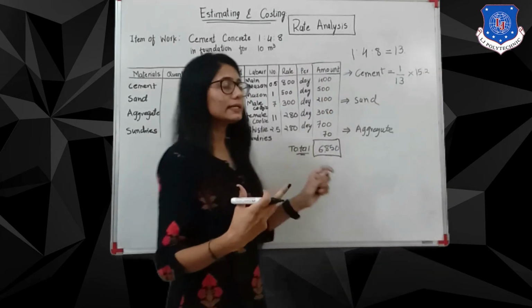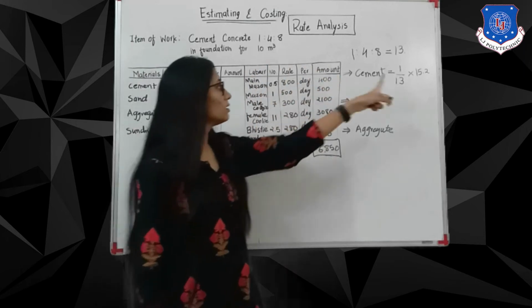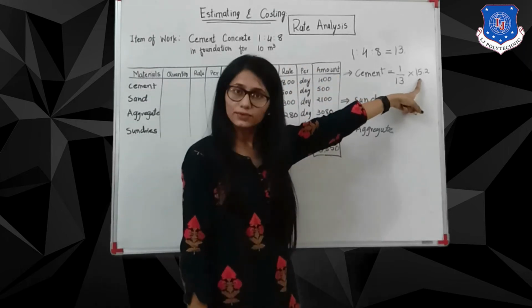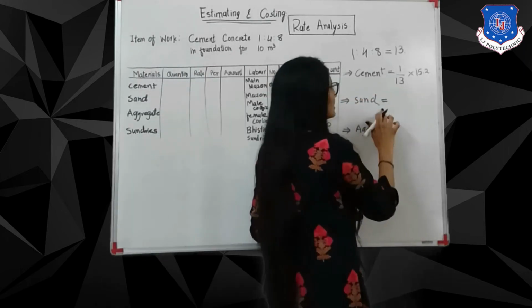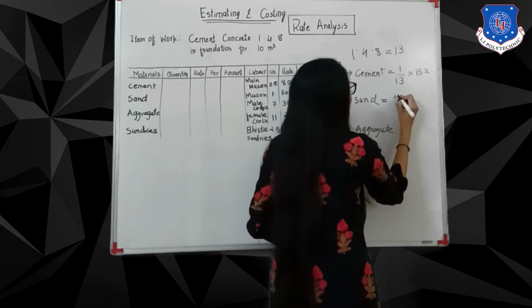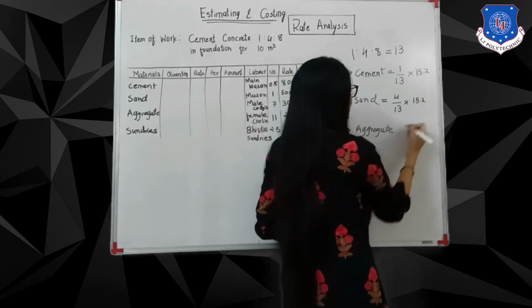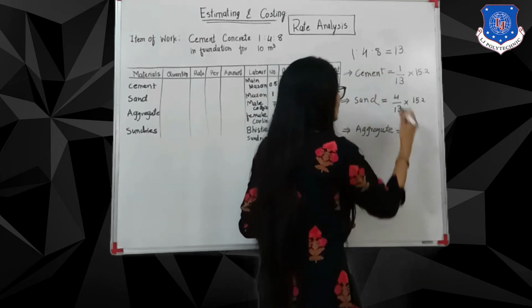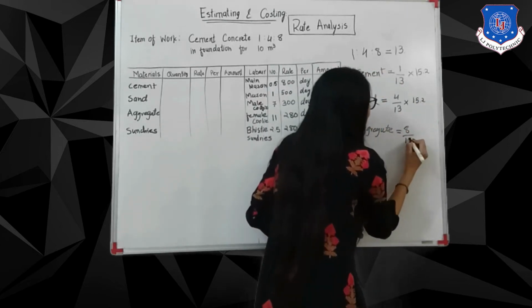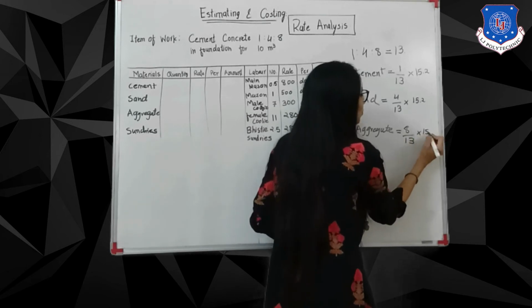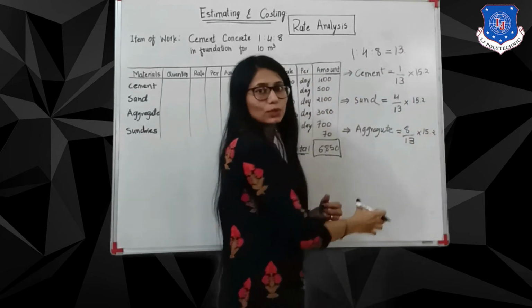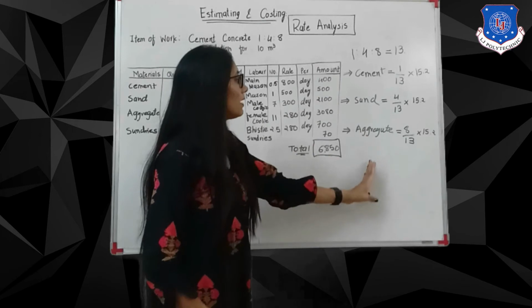If we're calculating the work for 1 meter cube, I'll add 1.52. Next, sand is used 4 out of 13 into 15.2. Aggregate is used 8 by 13 into 15.2. This is a simple calculation, and now I'm going to add the final quantities.